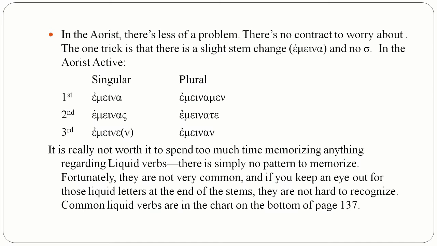And then your regular aorist ending. So first person singular, emeina. Second person singular, emeinas. Third person singular, emeine or emeinen, movable nu. Moving to the plurals, we have emeinamen, first person, emeinate, second person, and emeinan, third person plural.